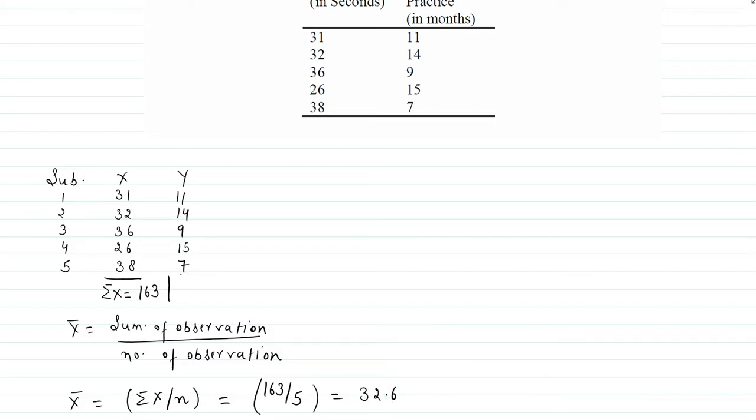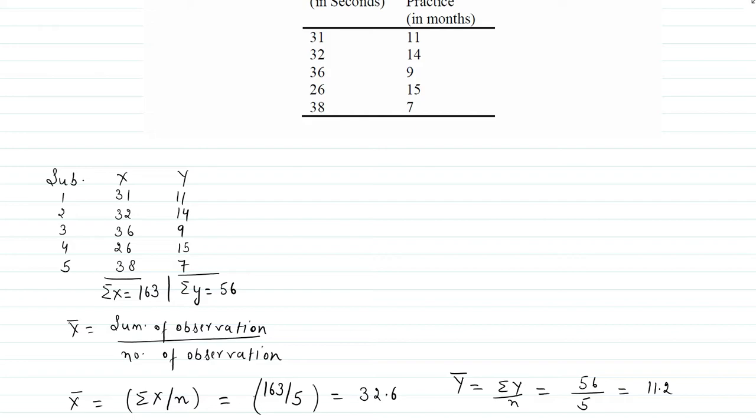In the same way we calculate summation of y, which comes out to be 56, and y bar equals summation of y divided by n. Summation of y is 56 and n is 5. After dividing, we got 11.2.